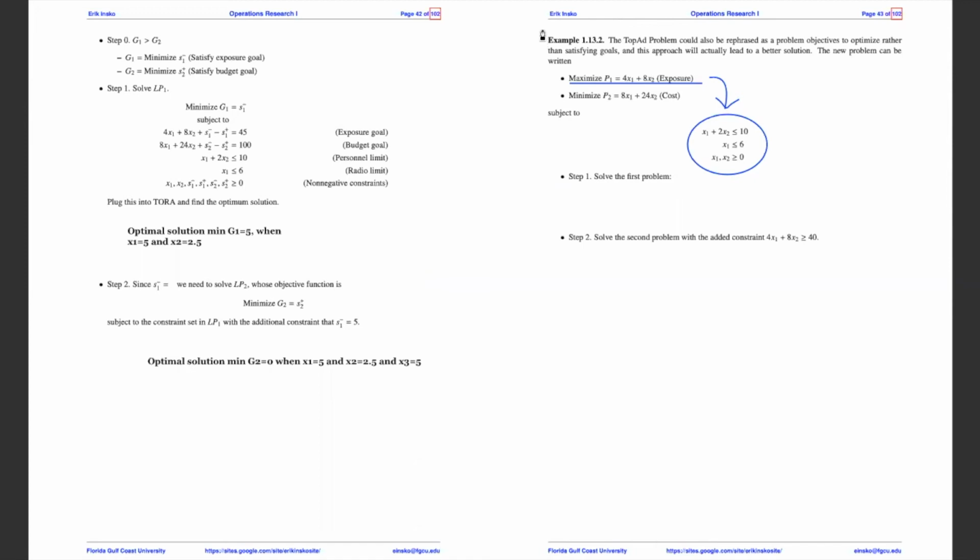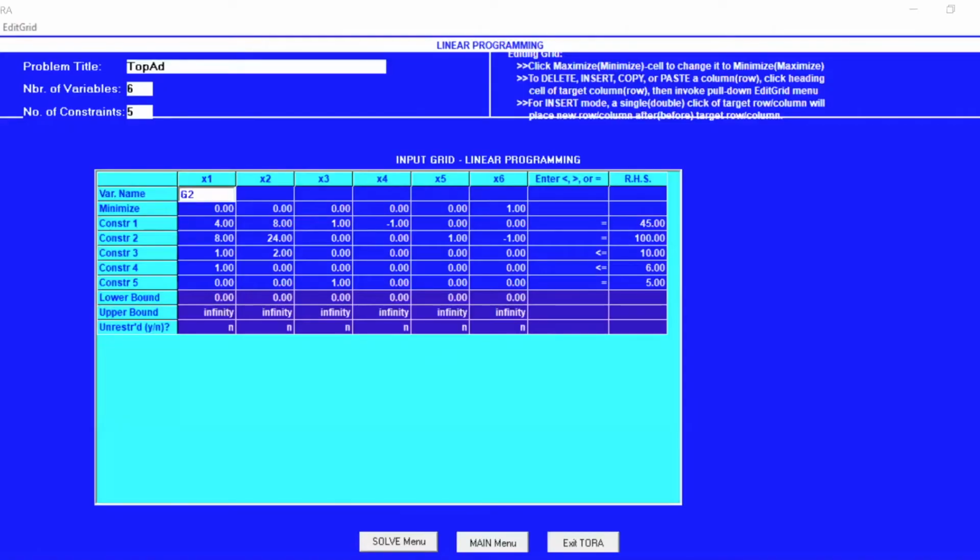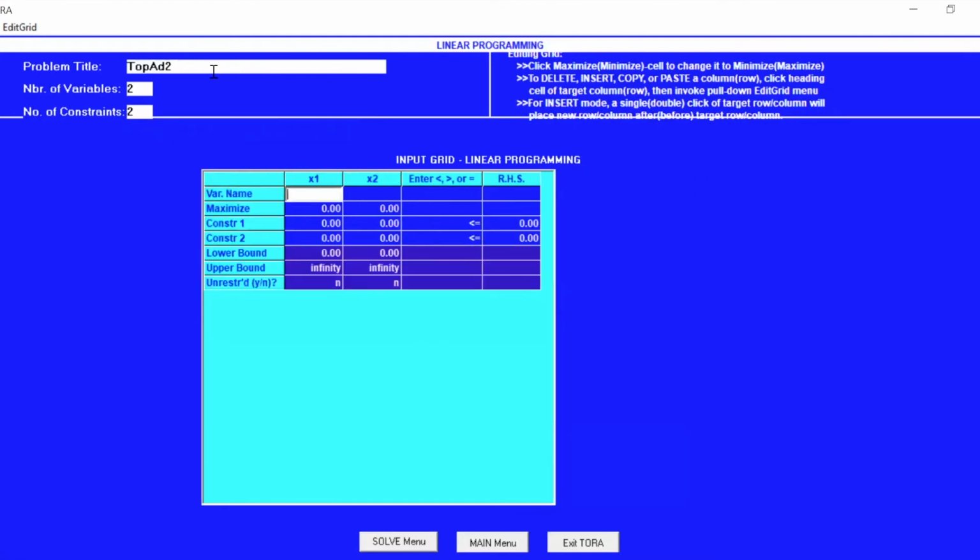Let me switch to Torah very quickly. Let's call this top ad problem 2. Right now we have two variables, x1 and x2, and two constraints.